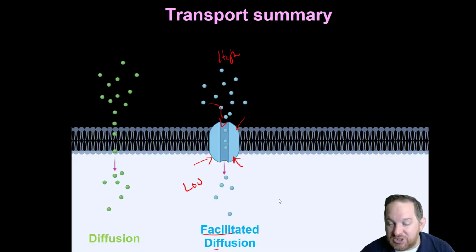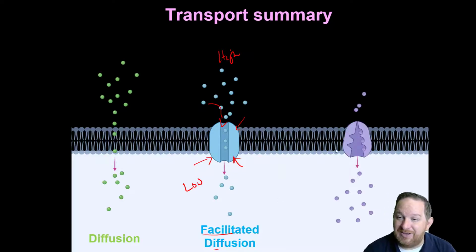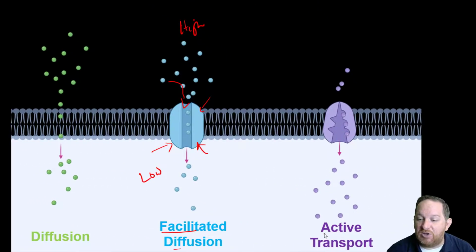So occasionally, though, we need to go in the opposite direction. Let's say we want to go from a low concentration to a high concentration. And I'll give you some examples on the next slide of when we would do this. If we're in a low concentration and need to go to a higher concentration, this is called active transport, because we're actively going to have to use some ATP energy for this to occur.